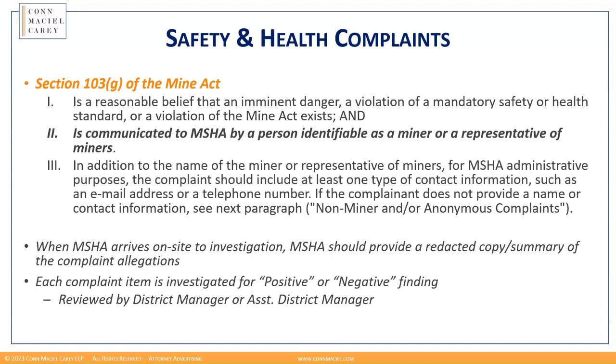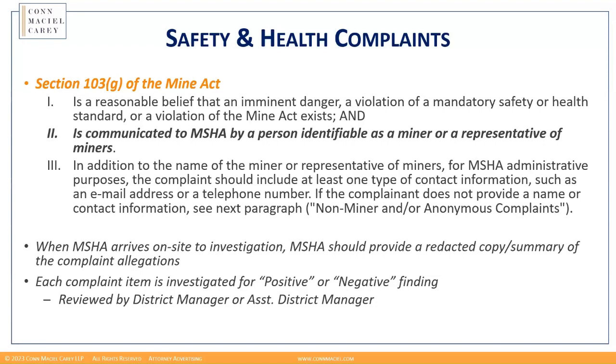And in general, MSHA assigns those positive and negative findings not only to each individual allegation, but to the complaint investigation as a whole. And if you have 15 items, and this can be frustrating, and one of the 15 has some merit to it, and MSHA issues a citation for that, they're still going to say that the complaint had positive findings.